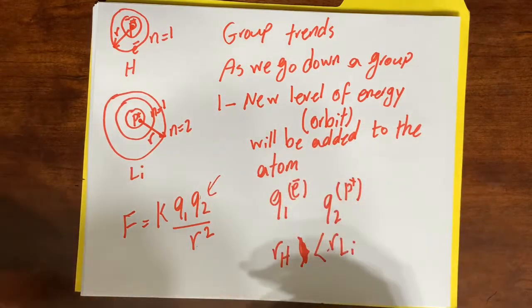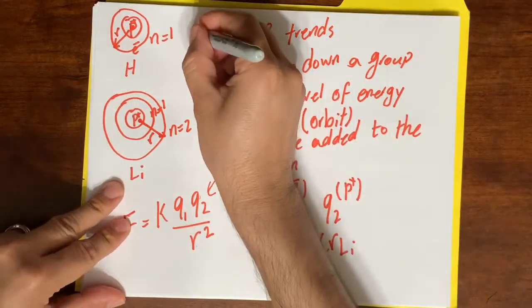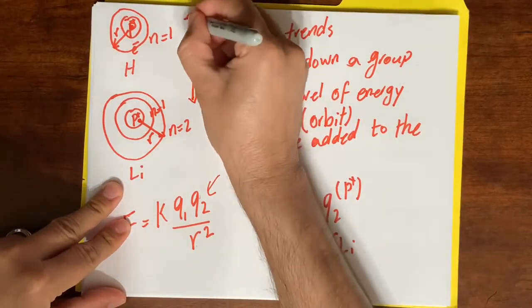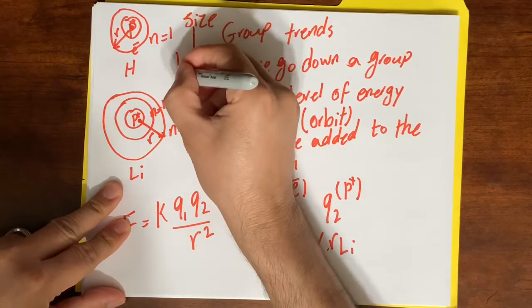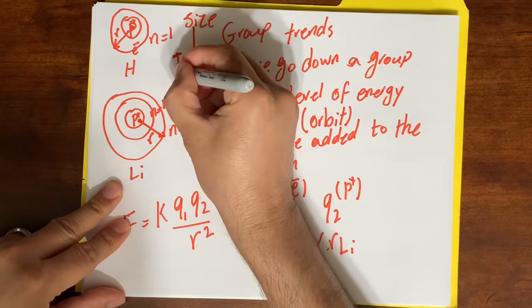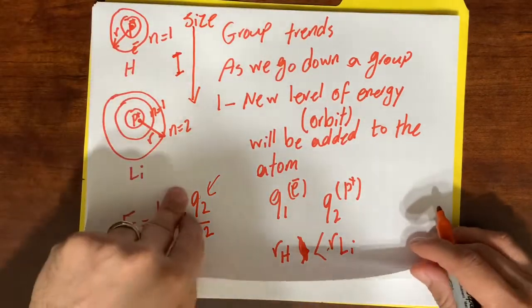So as we go down, size increases. So you write this one for yourself. As we go down, the size increases. Okay, size increases. Now, what will happen if we move to the right side of the periodic table? Let's say we are moving in one group.